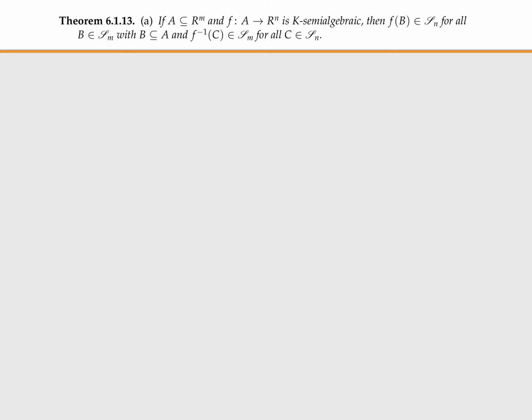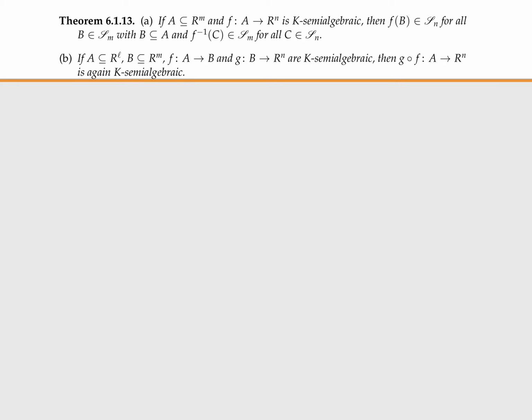So images and pre-images under K semi-algebraic maps of K semi-algebraic sets are K semi-algebraic. Okay. Compositions of K semi-algebraic maps are K semi-algebraic.